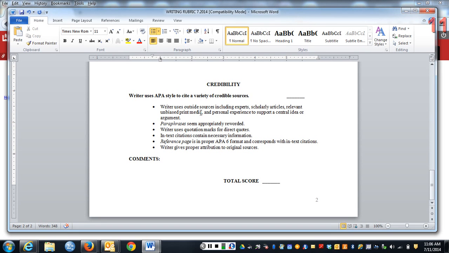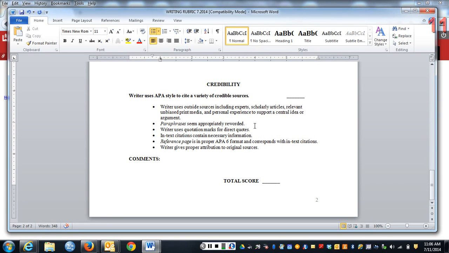For example, you might find that certain newspapers lean politically one way or the other. So is this an unbiased print media article, or is this one from one of those types of resources? You need to, as a student, have thought about that.